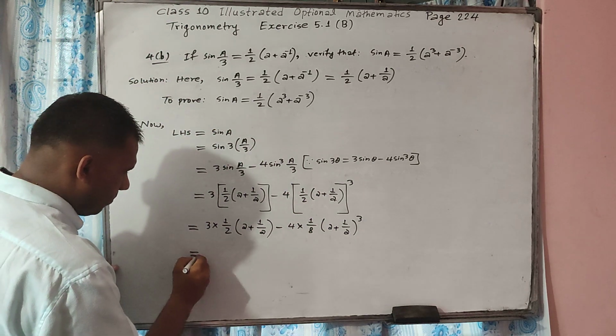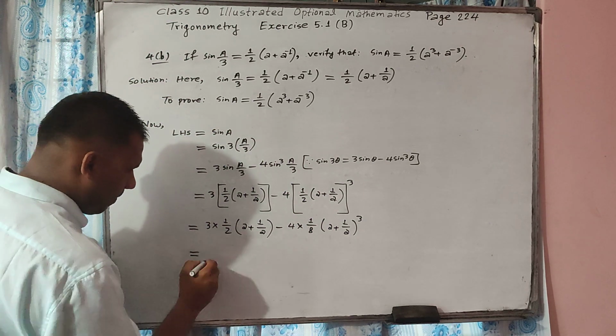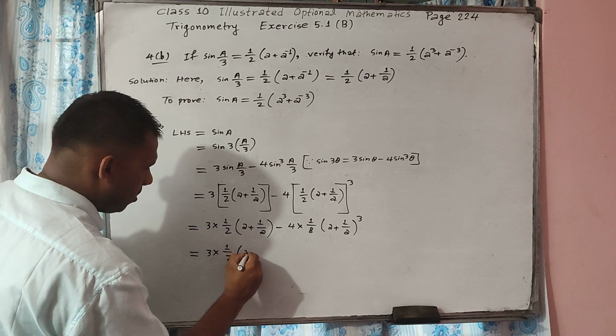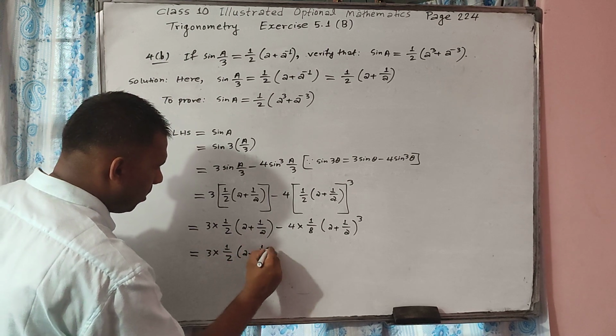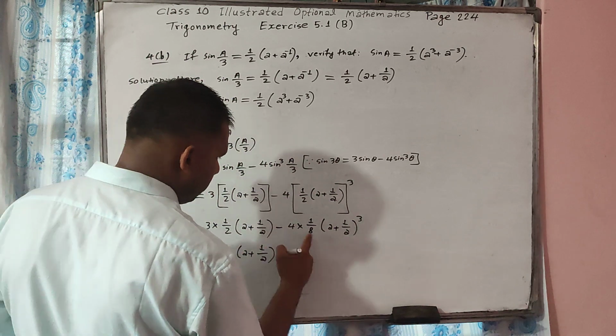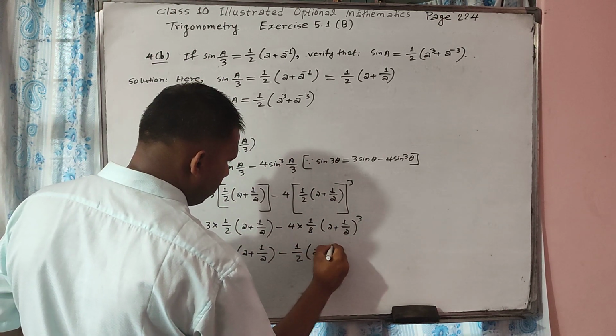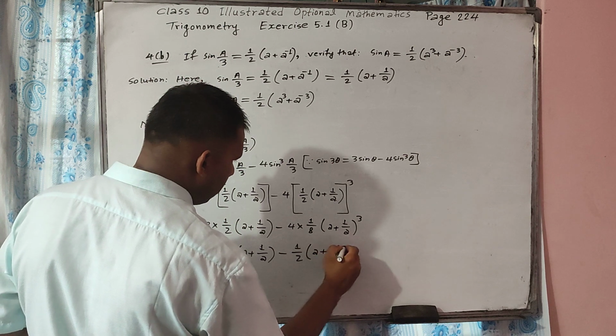This equals 3 into 1 by 2, a plus 1 by a, minus 4 by 8, that is 1 by 2, a plus 1 by a whole cube.